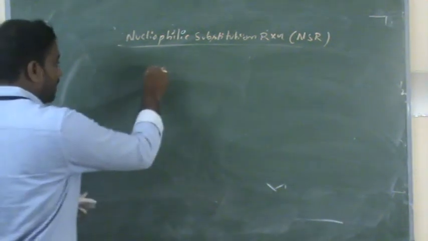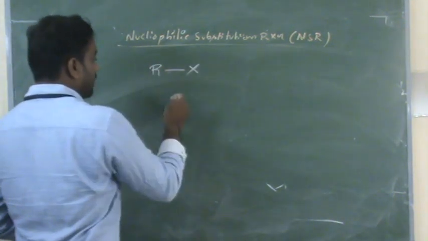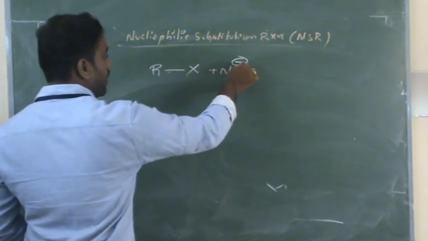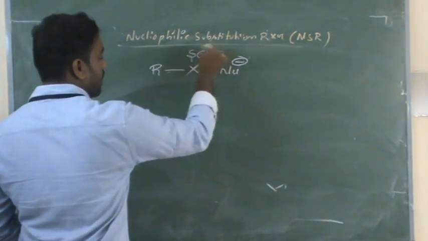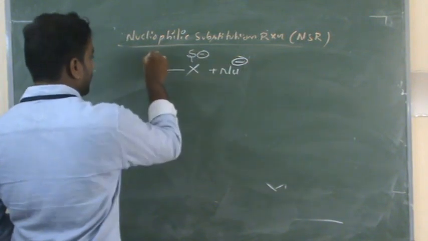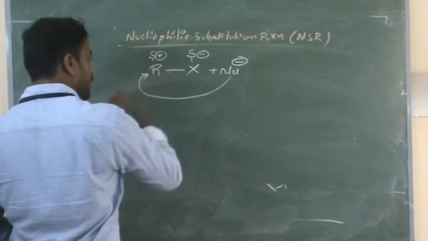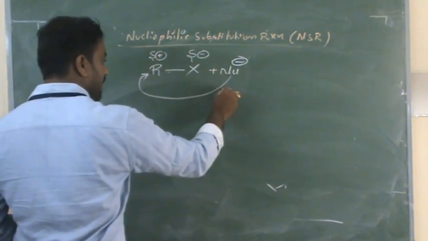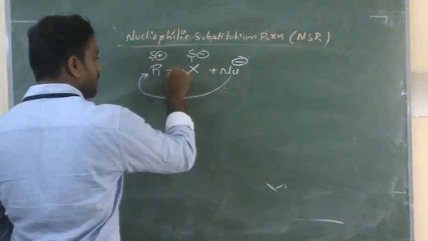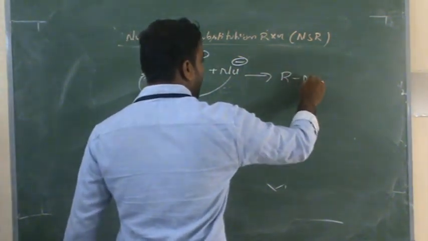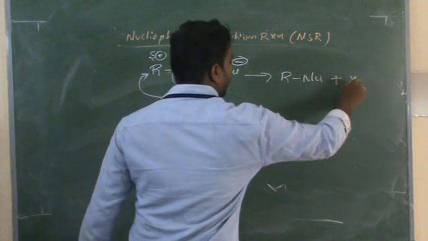Suppose I take RX here, and there is a nucleophile, that is Nu, with more electron density. These are partial charges. When the nucleophile comes and attacks, this I can call the attacking nucleophile. This I can call the leaving group. Then I get RNu, and there is the release of X minus.